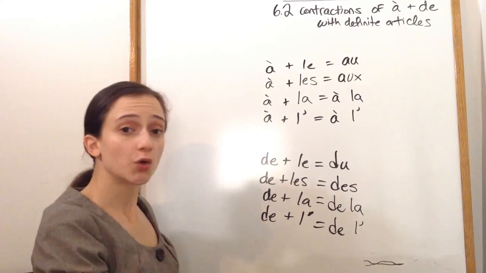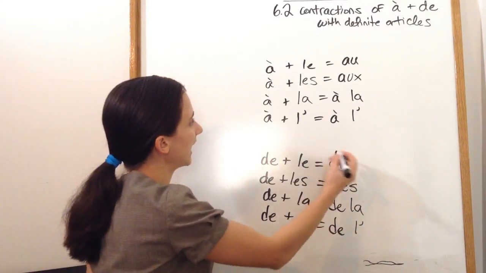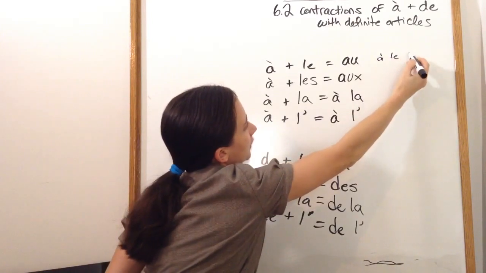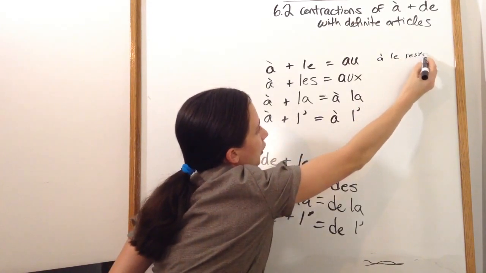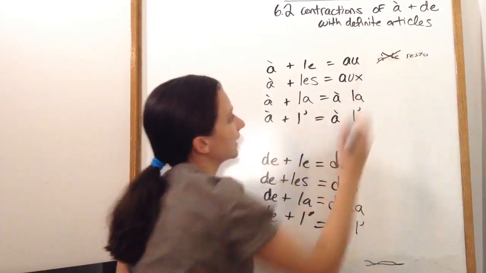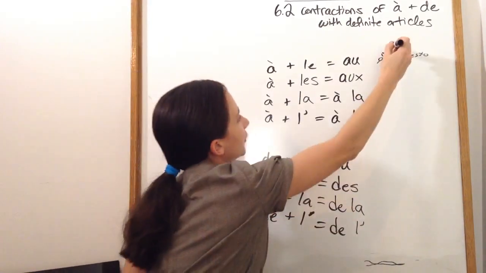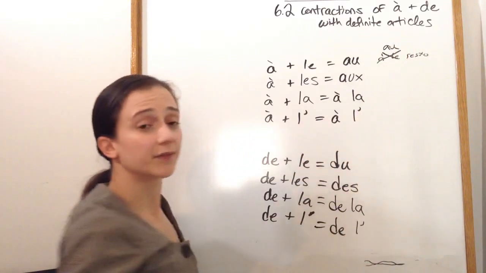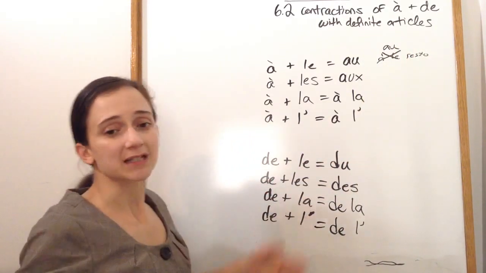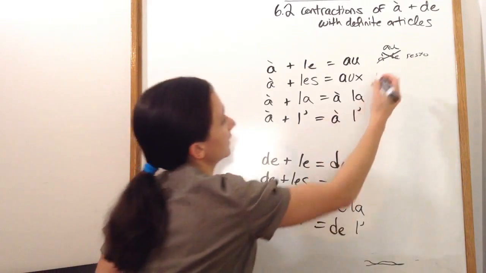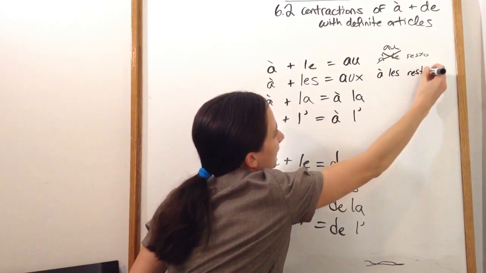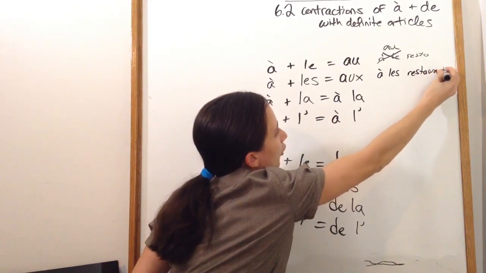If you're going to the restaurant, so we have à le resto. Okay? À le resto. You would take that and change it and turn it into au. If you were going to the, let's just keep it the same, to the restaurants. À les, we'll make it longer this time, restaurant.